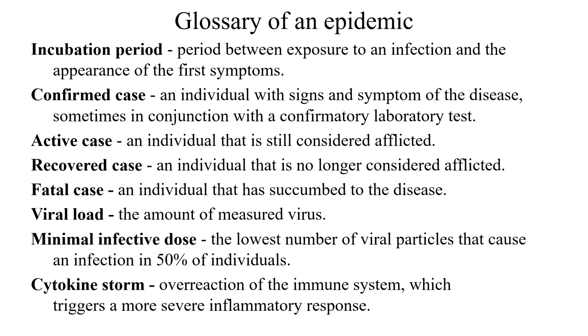You will also hear a lot about the cytokine storm. The body uses cytokines in order to trigger an inflammatory response. A cytokine storm is an overreaction of the immune system and triggers a very, very uncontrollable inflammatory response.